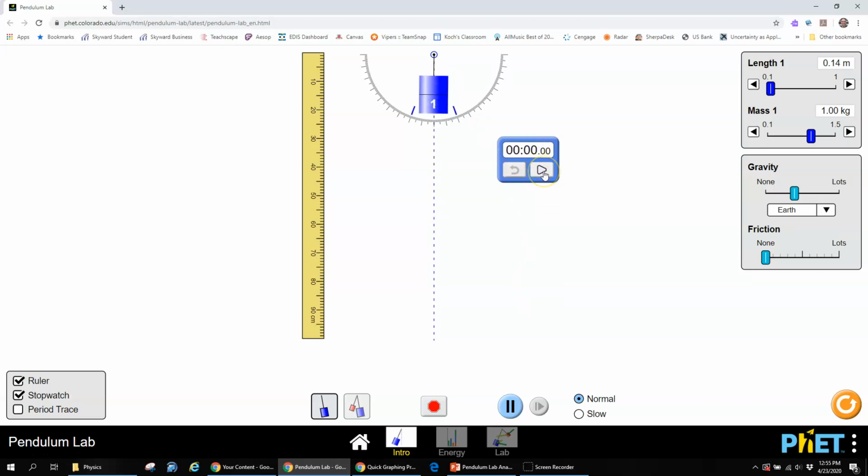So I'm looking for this to start. 1, 2, 3, 4, 5, 6, 7, 8, 9, 10. And look at that, 7.5 seconds over 10 periods would be 0.75 seconds per oscillation. So that's great. It's an equation that works. We can use it to predict how long the string length would be to make a specific period.